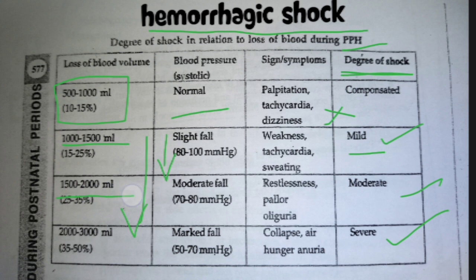If 1500 to 2000 ml of blood loss has occurred, BP will be around 70 to 80 mmHg, and this is a moderate condition of shock. If more than 2000 ml of blood is lost, it is a very severe condition: the patient will not be able to move from his place, talk or consume food. He will struggle for everything, and it is the severe condition. These are the degrees of hemorrhagic shock.